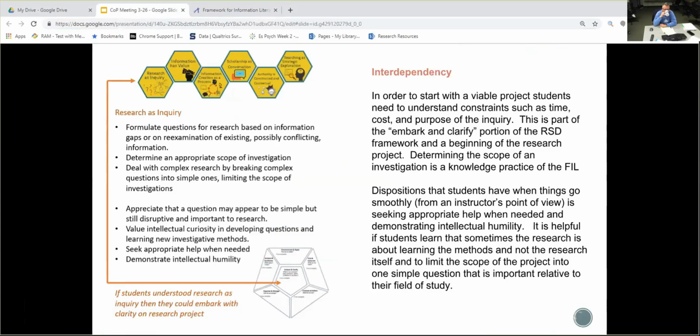For me, they have a hard time determining the scope. They're going to do research that's going to take them years to figure out, and I need to get it down to a week or 2. That means dealing with complex research by breaking down complex questions into simple ones. So they come in and they want to look at anxiety and stress and depression related to social media, and I'm trying to get them to limit it.